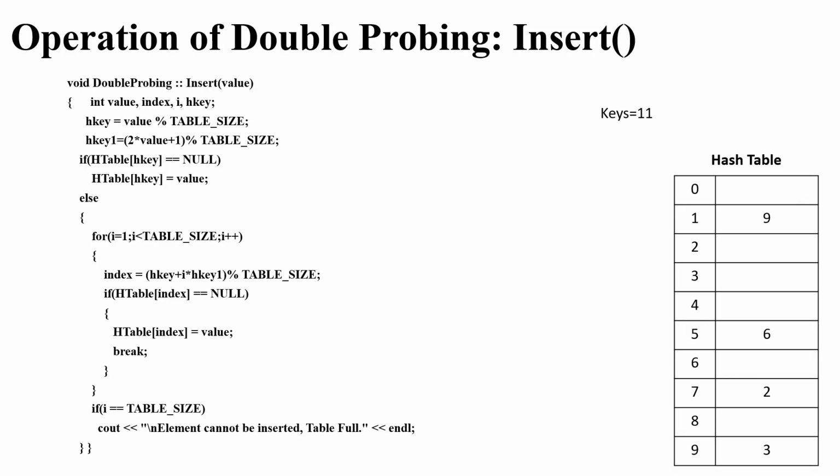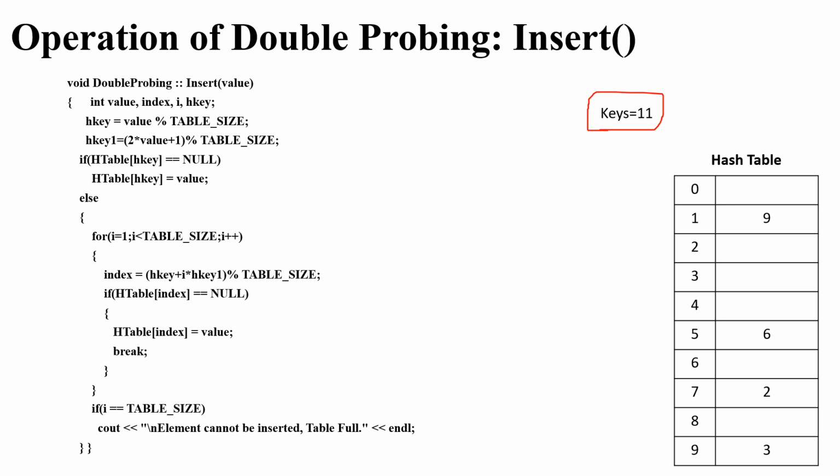So the first operation is the insertion operation. First I'm going to explain how to insert an element using double hashing in my hash table. I have already explained linear probing and quadratic probing. It's a similar way, but the difference is a small variation in the collision resolution technique, and that small variation helps you resolve many problems.